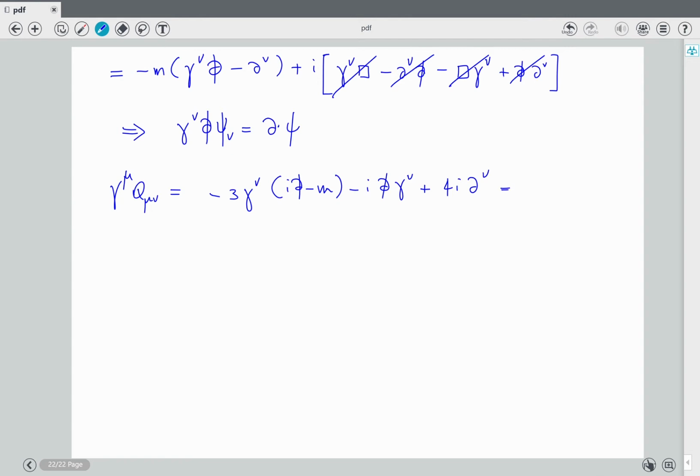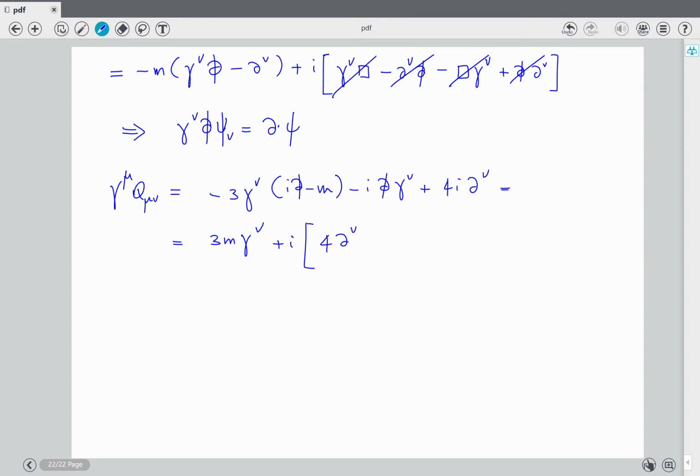Let's isolate again the mass term, which will be the only one to survive at the end. So 3mγ^ν. Then there is an i that we can collect. Let me write first the last term, 4∂^ν.